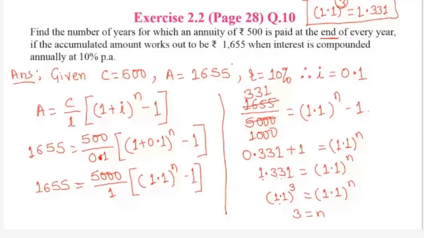If they want to ask, they should give you 1.1 raised to 2 is this much, 1.1 raised to 3 is this much, 1.1 raised to 4 is this much, 1.1 raised to 5 is this much.